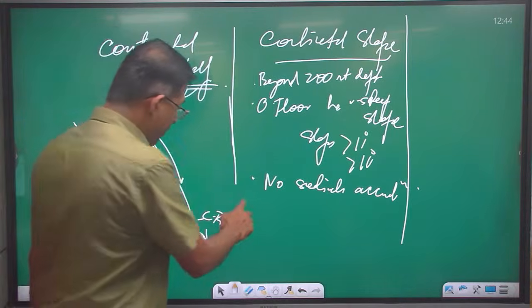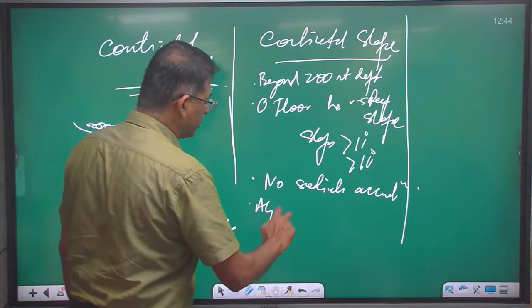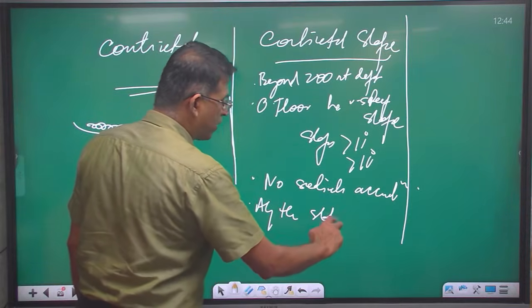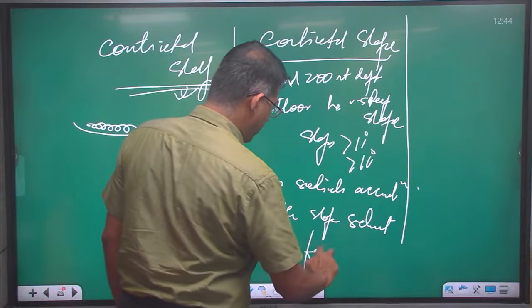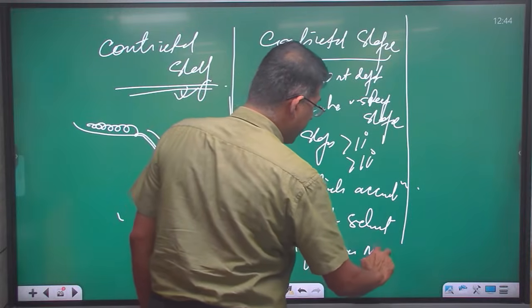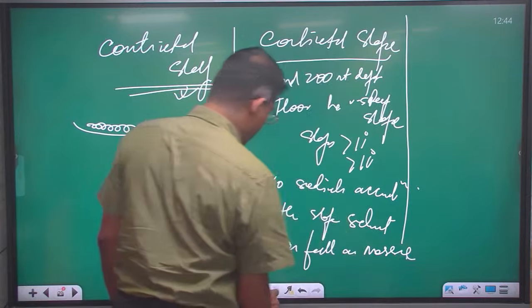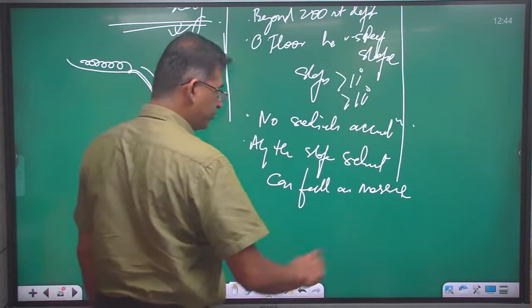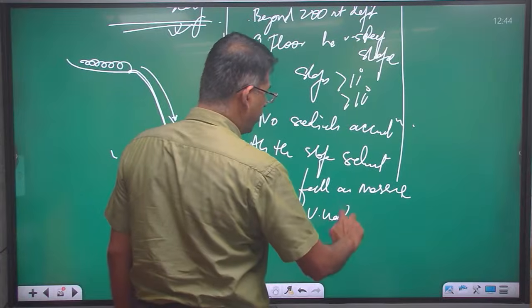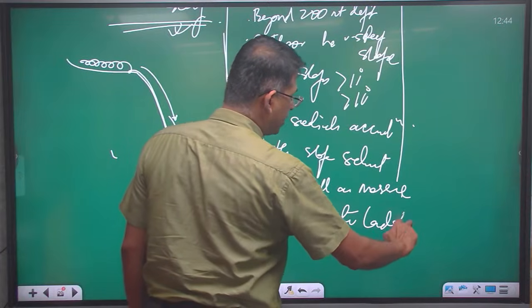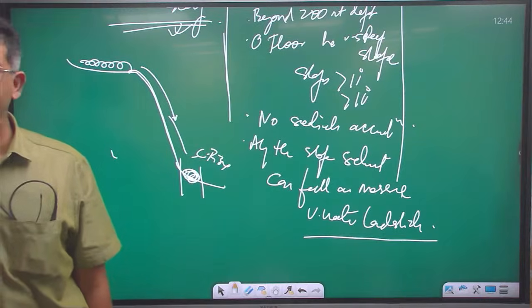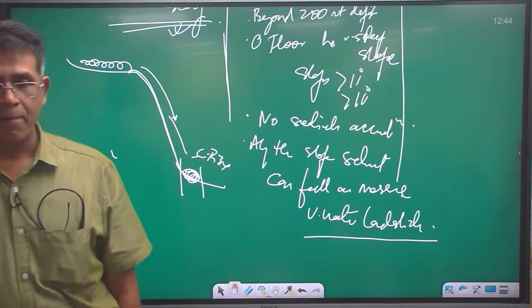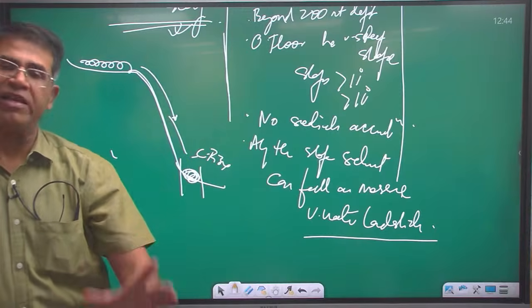But it is a fact that along the slope, sediments can fall as massive underwater landslides. So on the slope sediments do not accumulate, but along the slope sediments can keep falling down.